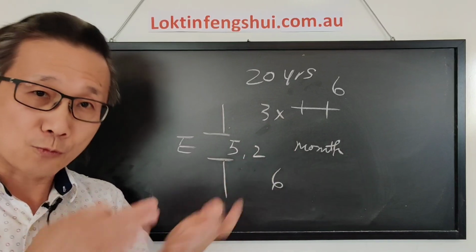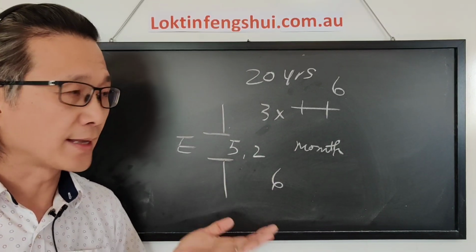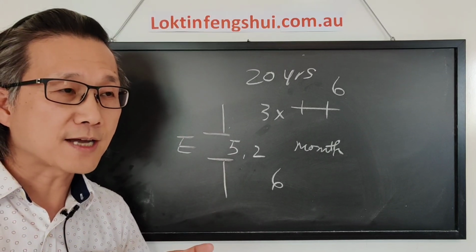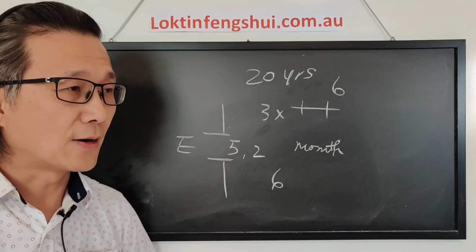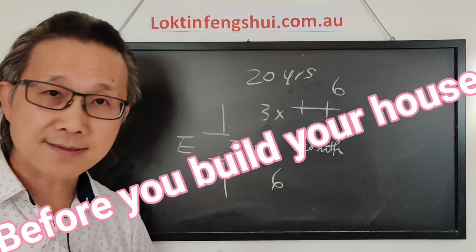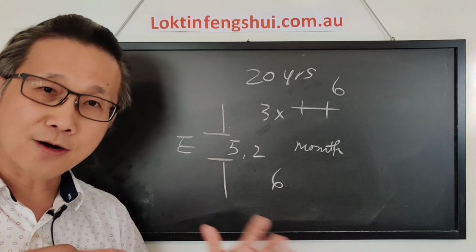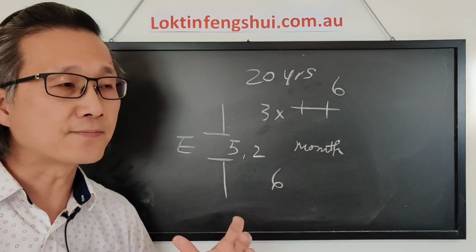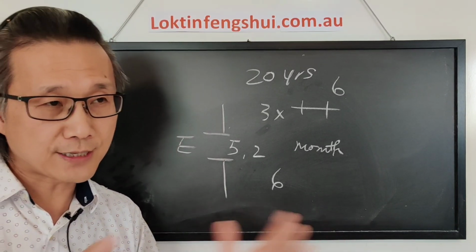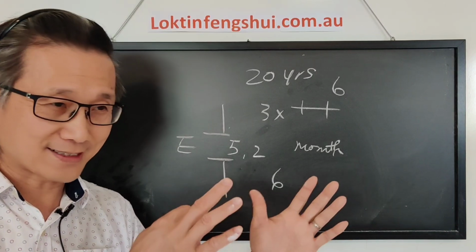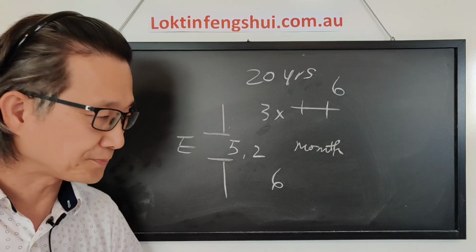So it depends on how you do in this fundamental layer. And this fundamental layer, sometimes the best time to do it is before you build your house, or you renovate your house, or you extend your house, because when you build, you have the opportunity to set it correctly. When you renovate, you can move your kitchen stove by a certain degree to tweak it to make it better.